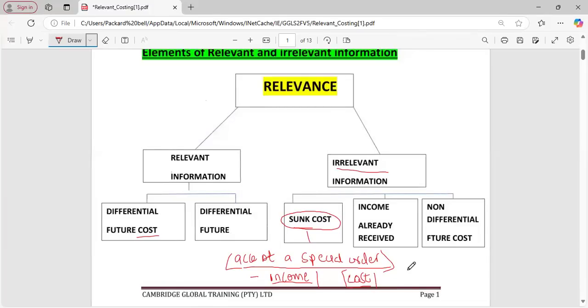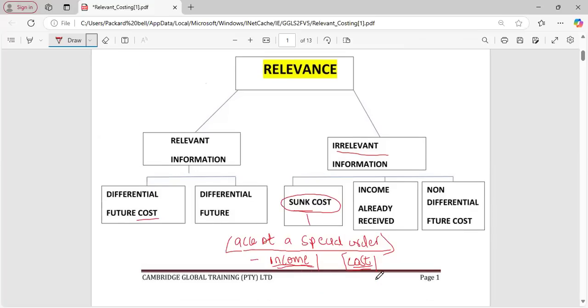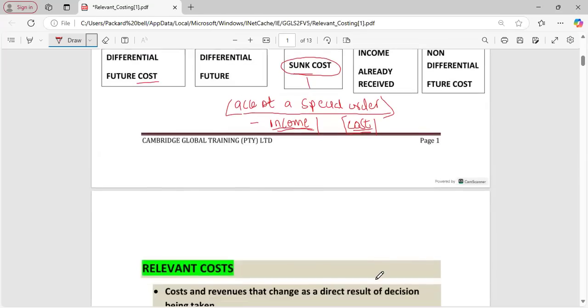So when you are looking at your relevant cost question, look at what is going to be the income if a decision is taken, and what is going to be the cost if a decision is taken. Those are relevant income and relevant costs. That's basically what you should look at when you are doing your relevant cost.